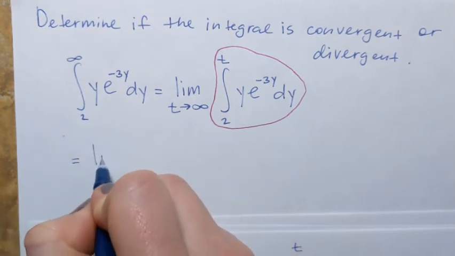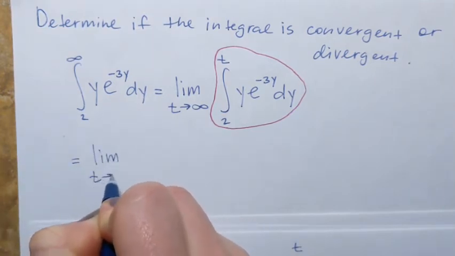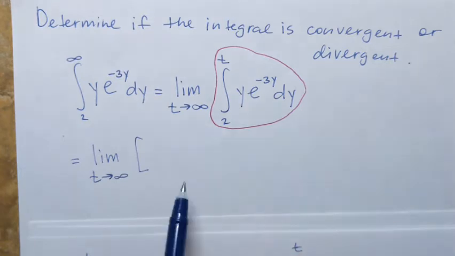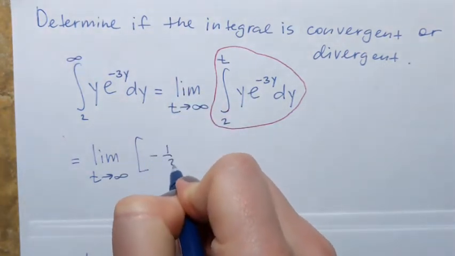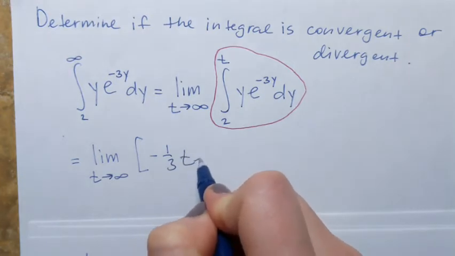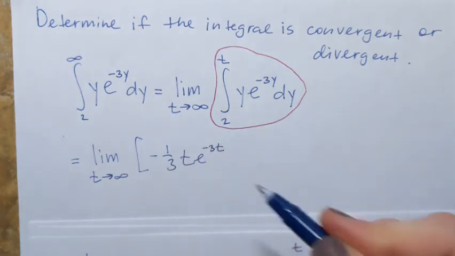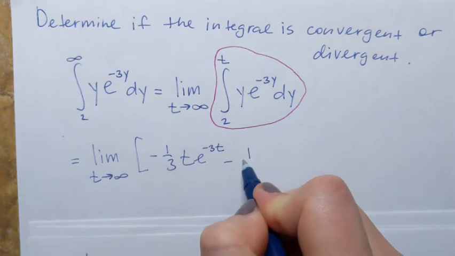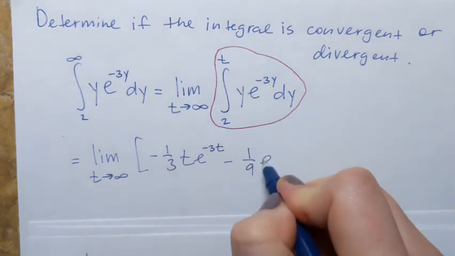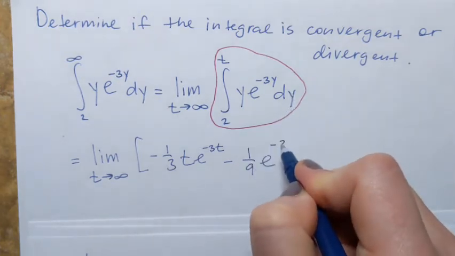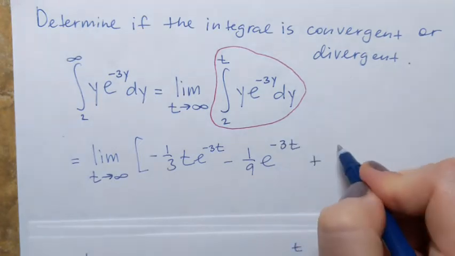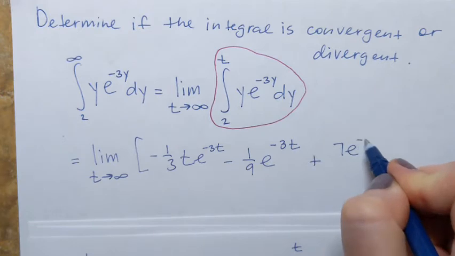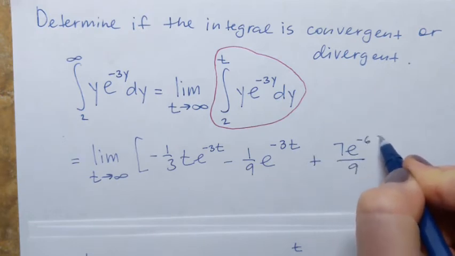It's going to be the limit as t goes to infinity of, and then here I'm writing down the result that I just obtained: negative 1/3 t e to the power negative 3t minus 1/9 e to the power negative 3t plus 7 e to the power negative 6/9.